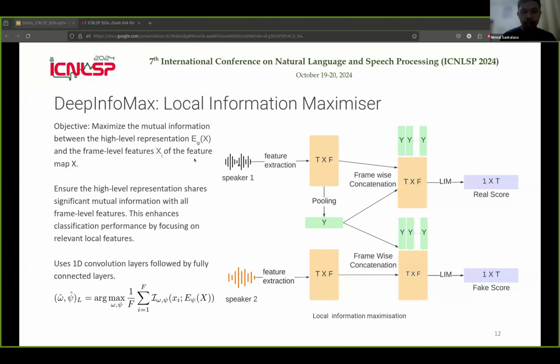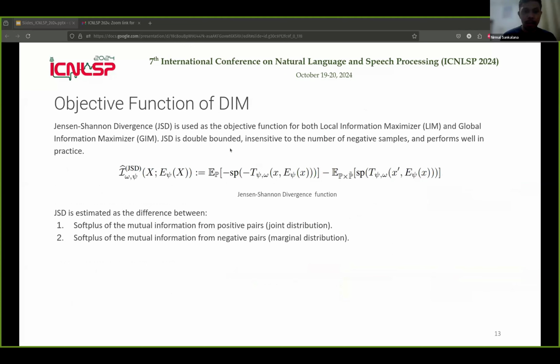This enhanced the model's ability to focus on low frame level mutual information. That's why we frame-wise concatenated our final embeddings with the intermediate feature map.